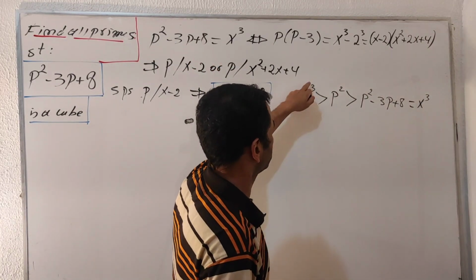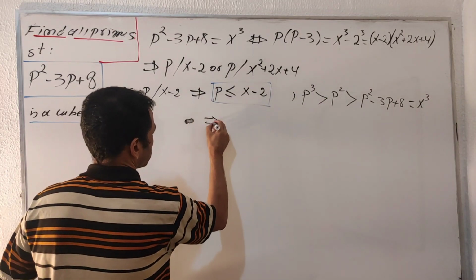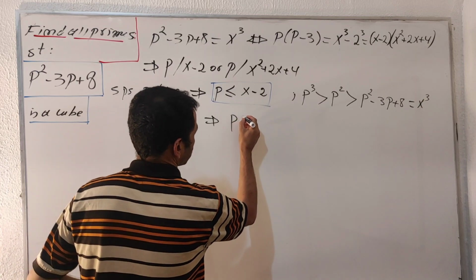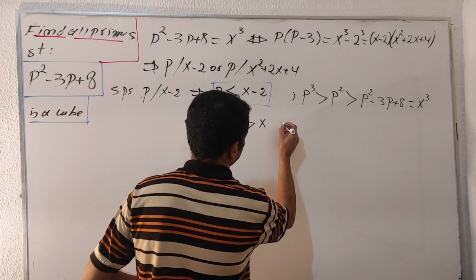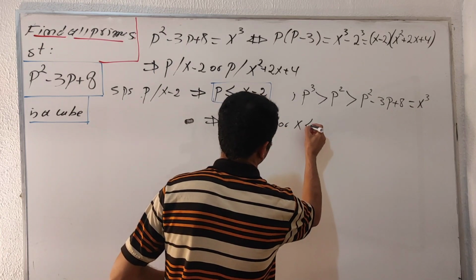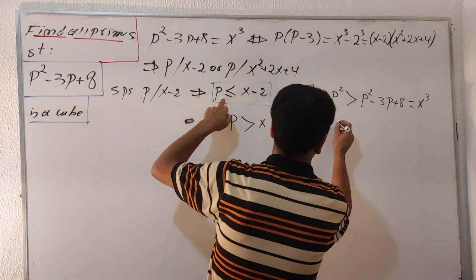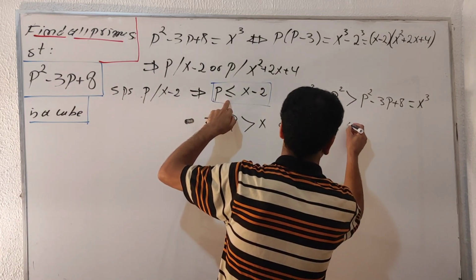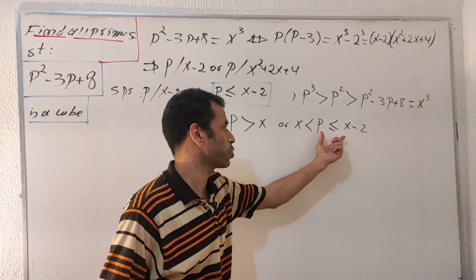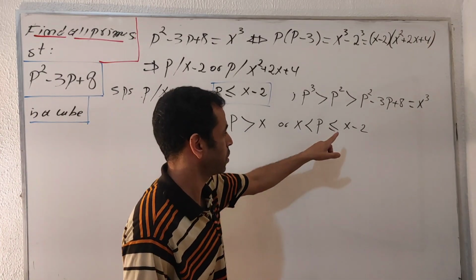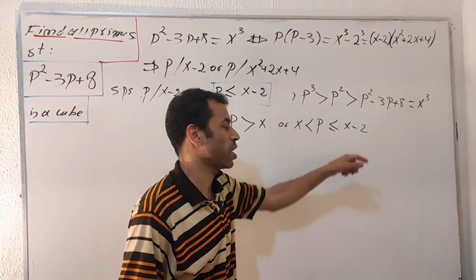So this one we know exactly equals x cubed. If p cubed is strictly greater than x cubed, which means p must be strictly greater than x, or x is strictly less than p. We already found p is less than or equal to x minus 2, which is absolutely impossible, because x is never smaller than x minus 2.